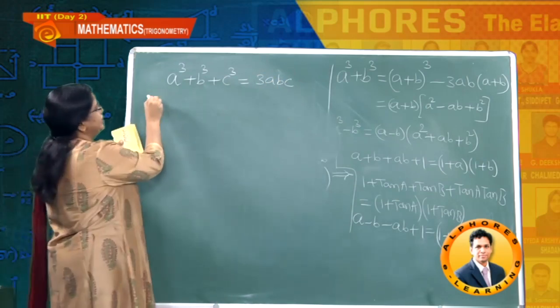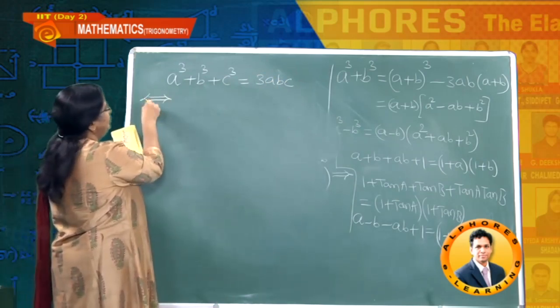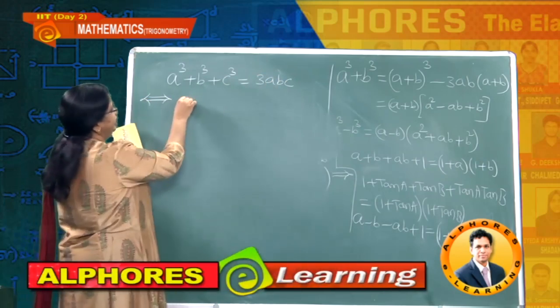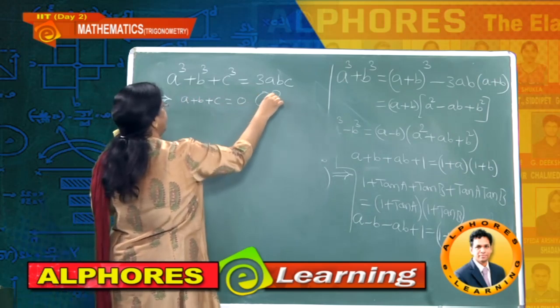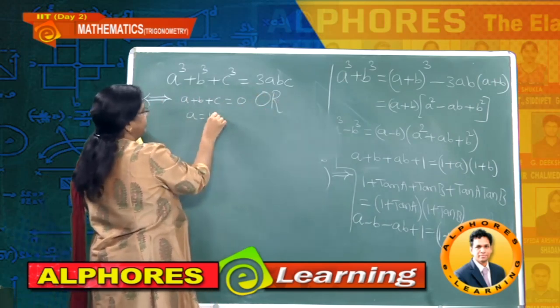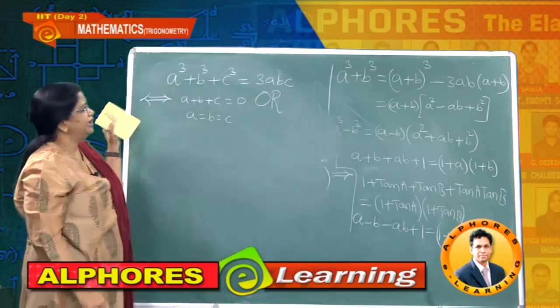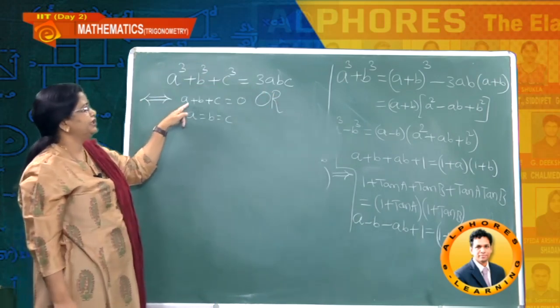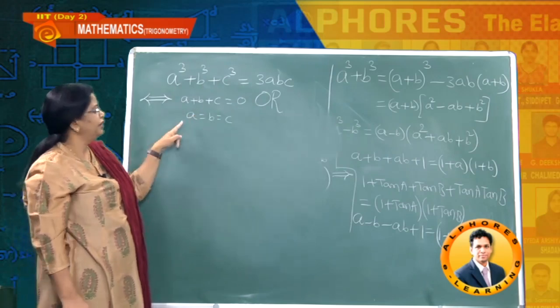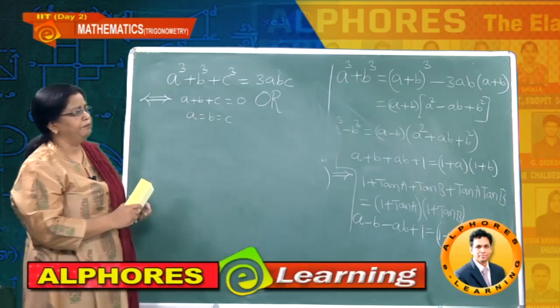The meaning is, this implies and is implied by a plus b plus c equal to 0 or a equal to b equal to c. So whenever you get this kind of equation in problems, the condition is either a plus b plus c equal to 0 or a equal to b equal to c.